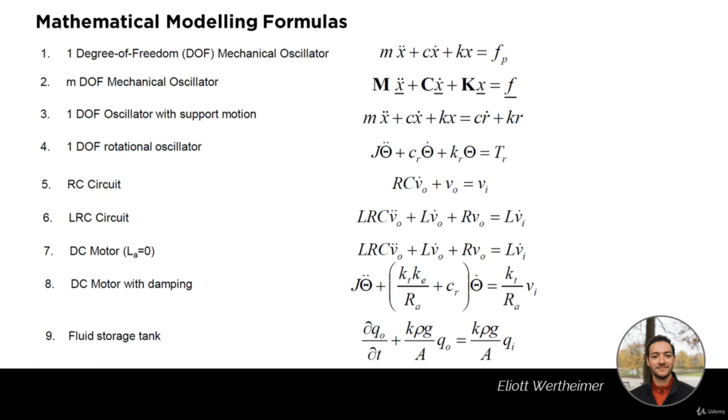So these are usually filters used in electronics to filter some signals and voltages, etc. We then have the equation for a DC motor, the equation for a DC motor with damping, and the equation for a fluid storage tank. So if you happen to find yourself having to model one of these kinds of configurations, you can definitely help yourselves with these formulas that are pre-made. It'll make your work a lot faster and a lot easier.